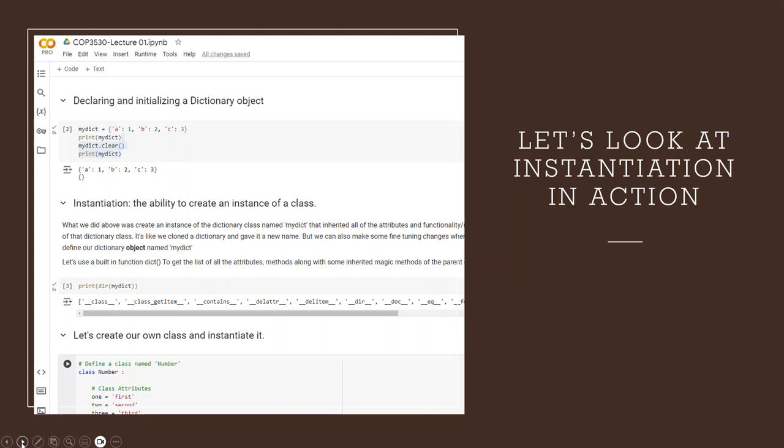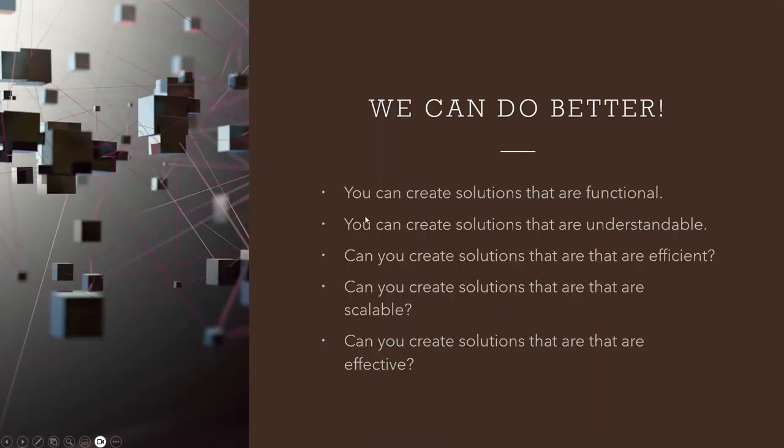We're going to utilize certain data types, create instances of them applying specific rules so that we can perform tasks in a specific way. We've got to do things a certain way in this. So at this point, you can create solutions that are functional. You can program. Somebody said, hey, go ahead and write a program that says hello world. That's easy. My goal is write a program that outputs hello world.